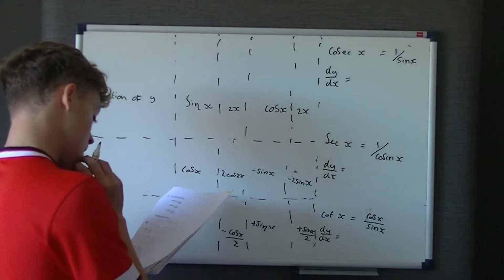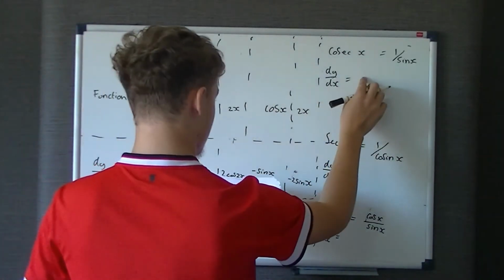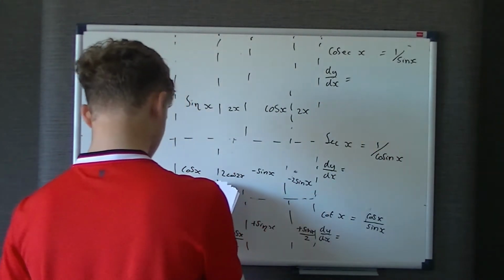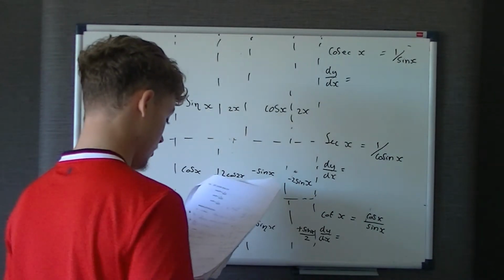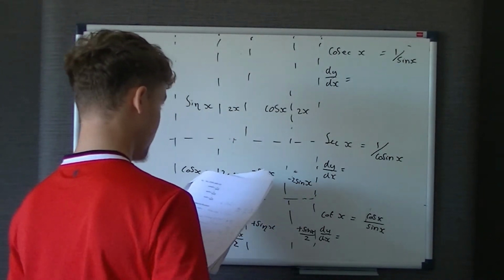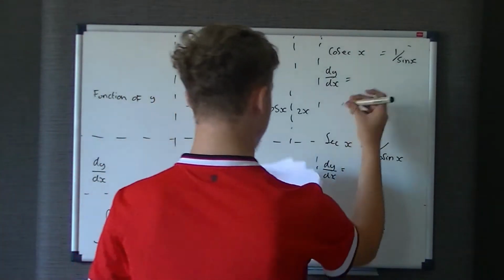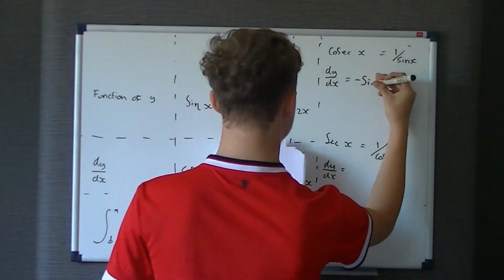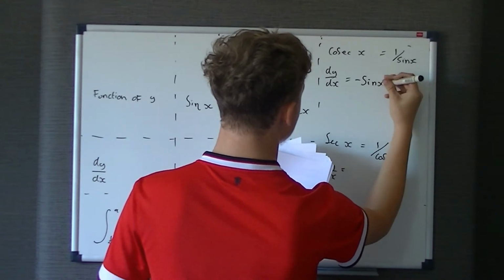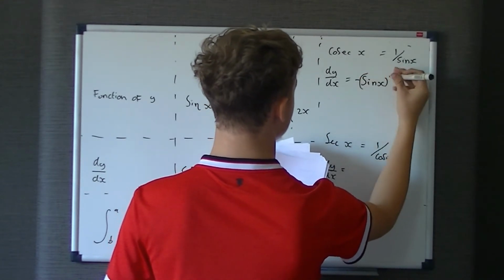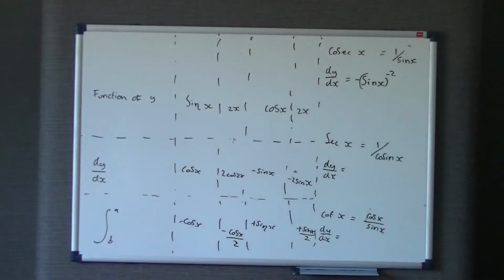Okay, so as cosec x is 1 over sine x to the minus 1, we use our chain rule. And then what we do is we get minus sine x to the minus 2. This is key.